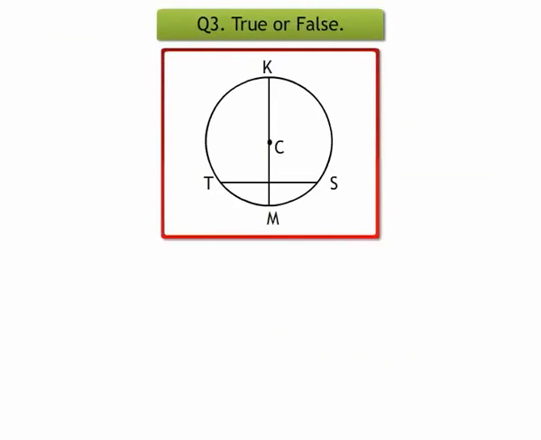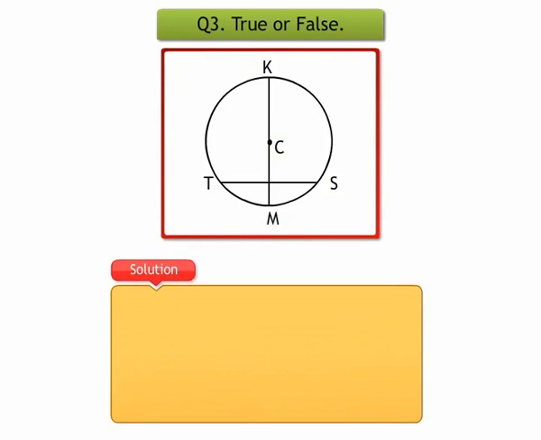Now let us take a look at the last figure given in the exercise question 3. True or false with respect to the properties of circle. So, let's write the answers. 1. Segment TS is not a chord.